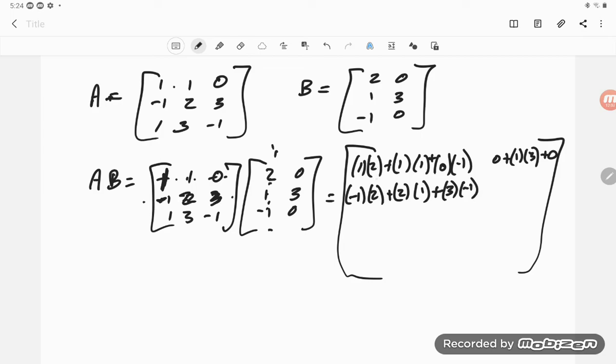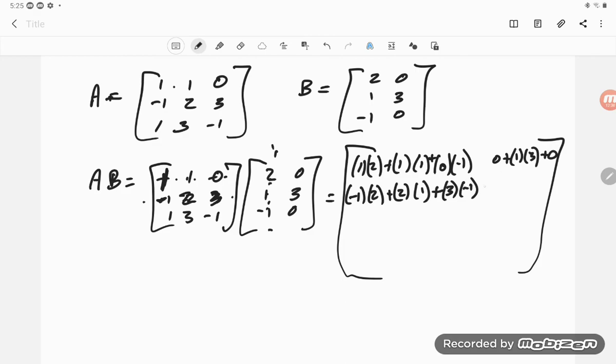So notice the second numbers in the first row, first column and the second row, first column: the second numbers involved in this dot product are always the same because they're the same column of B.